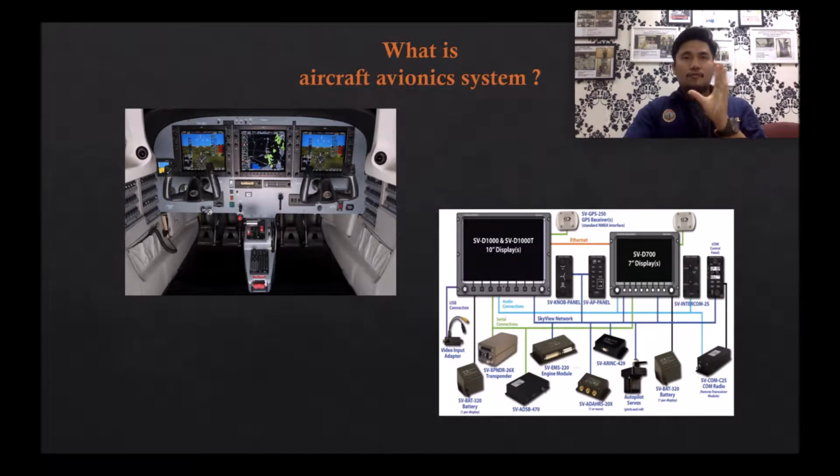The cockpit of an aircraft is the typical location for avionic equipment, including control, monitoring, communication, navigation, weather, and anti-collision systems. The majority of aircraft power their avionics using 15 to 28 volt DC power.